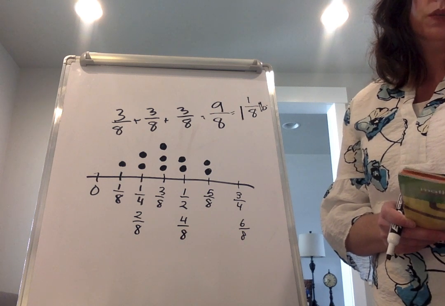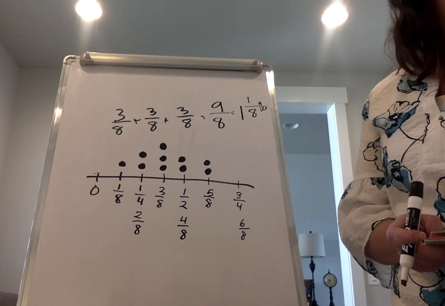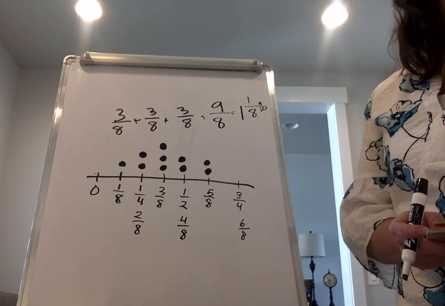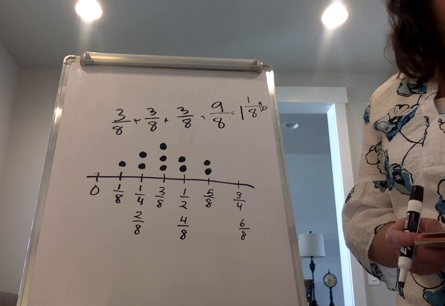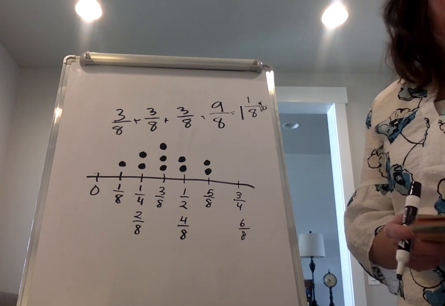Number 5, this one gets a little bit more tricky. It says, if the total weight of the samples were redistributed evenly among the 10 samples, what would each sample weigh?